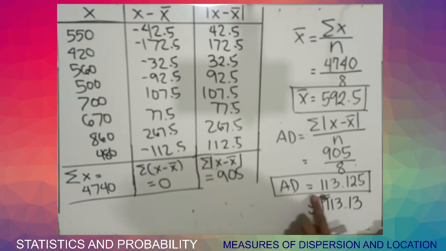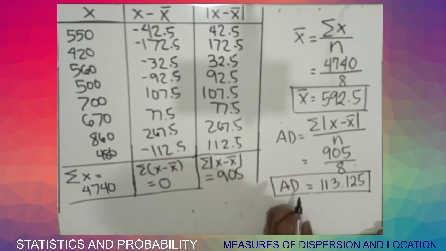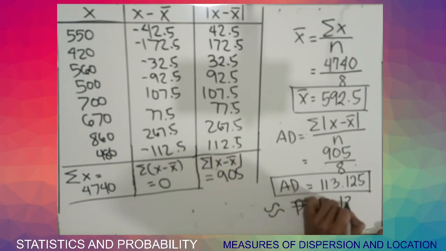Okay? Pesos ay yung gagamitin natin, ha? Since yung ating given ay peso or money, Philippine peso yung ginagamit na data. So, lagyan natin dito 113.13.